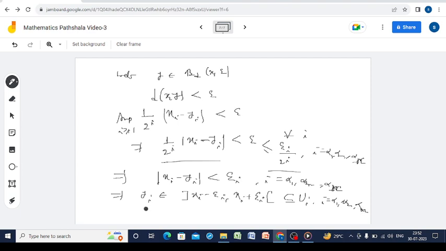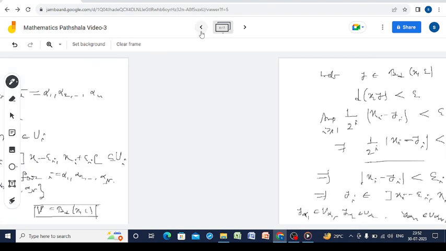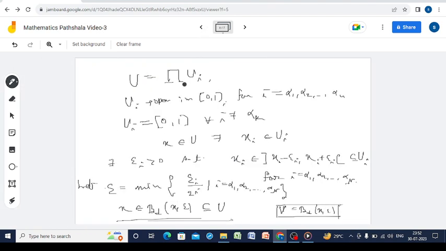And see, now here our y_i belongs to this U_i for i equal to α1, α2, ..., αn. So our y_α1 belongs to our U_α1, our y_α2 belongs to our U_α2, and so on, our y_αn belongs to our U_αn. And see, in the definition of our U, when i is not of the form α_i, then the others U_i are equal to the closed interval [0,1].